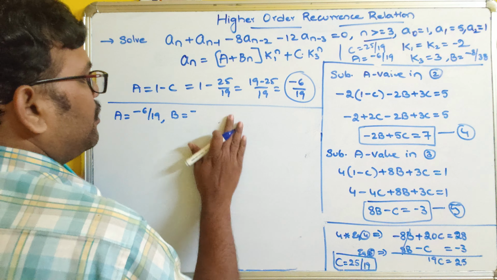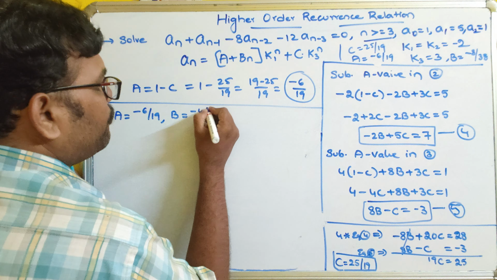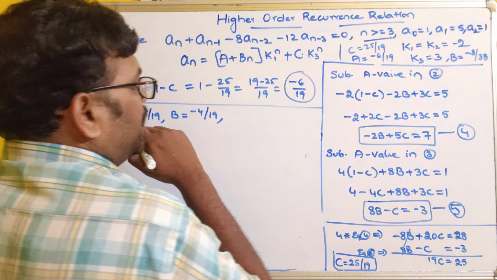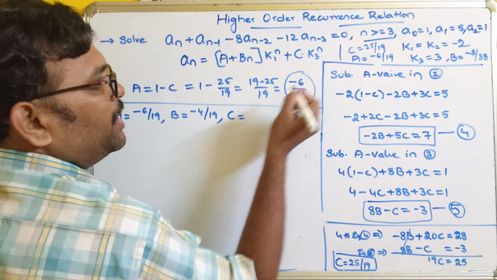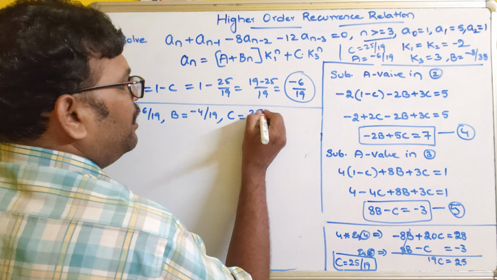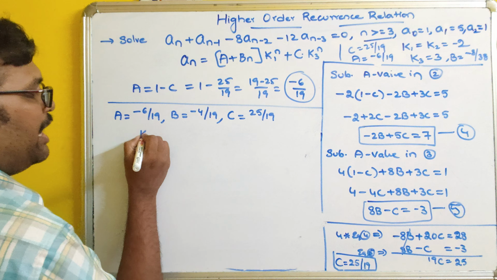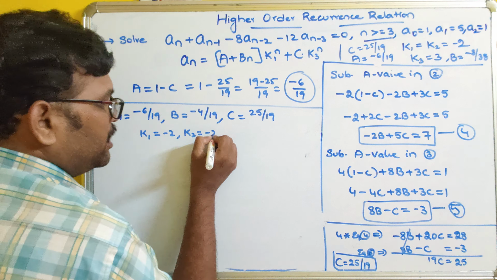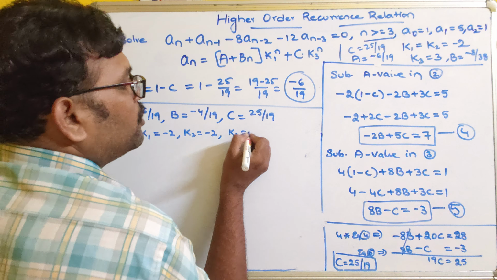Minus 8 by 38 means minus 4 by 19. Next, C value will be 25 by 19. K1 is equal to minus 2, K2 is equal to minus 2, K3 is equal to 3.